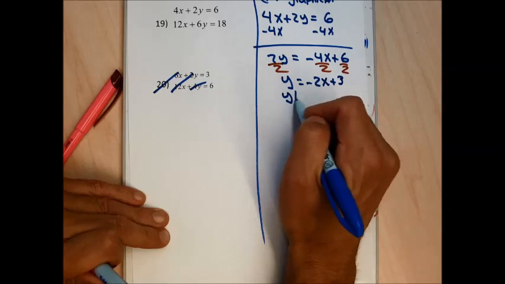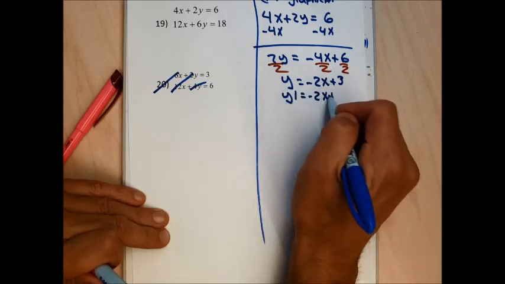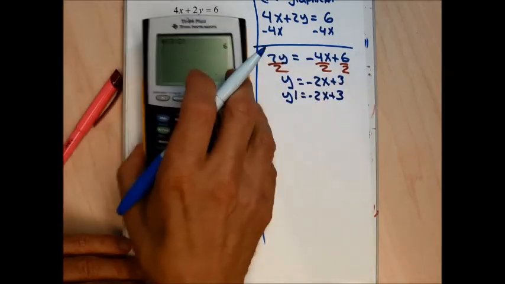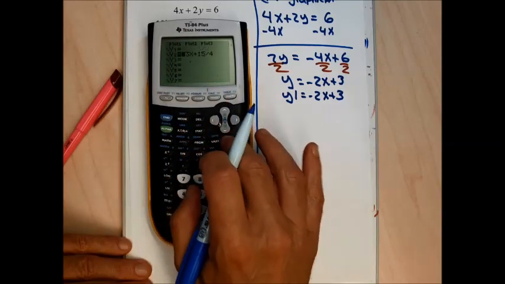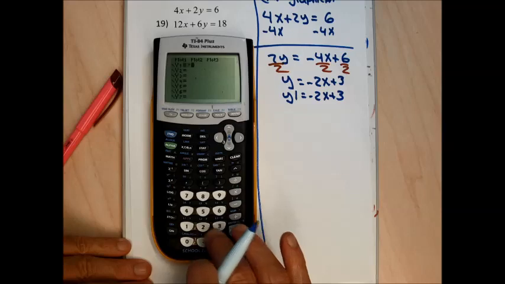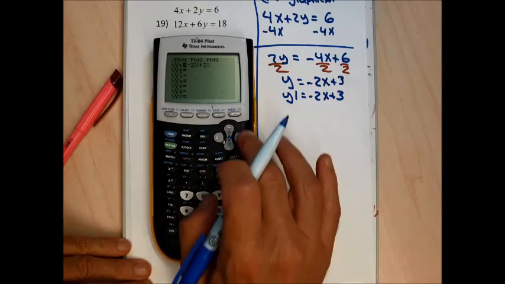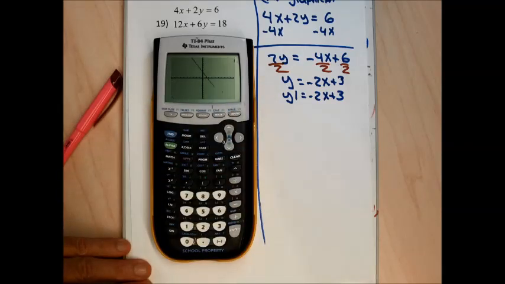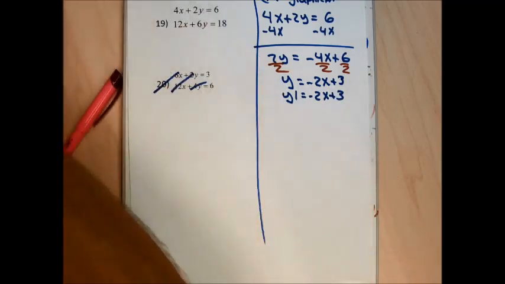And into my y1, I'm going to enter minus 2x plus 3. That's going to be the graph of the top equation. So for problem number 19, I'm going to graph y equals negative 2x plus 3 to represent the top equation. Just a simple line.